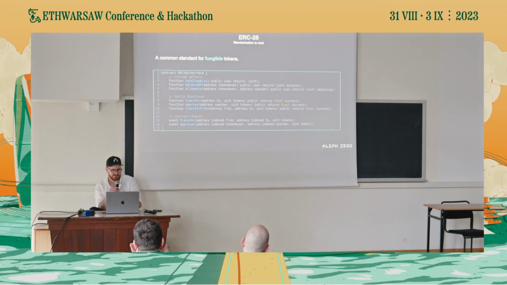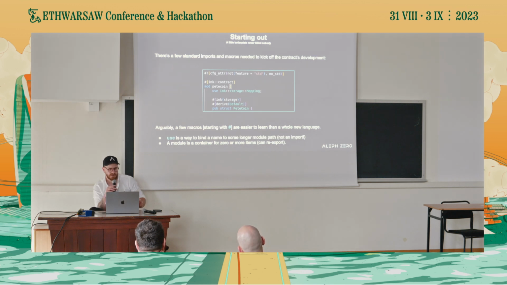Allowance, I'm going to mention allowance later, but for now I'm just going to focus on the transfer functionality. And of course, the transfer method, probably the most important one, is basically, you can transfer some of your tokens to some other address. And yeah, contracts are emitting events. We are going to come back to that later. So yeah, let's dive right in.